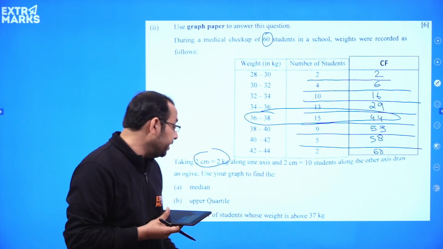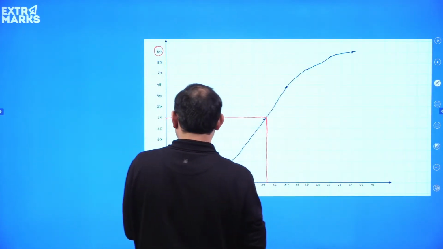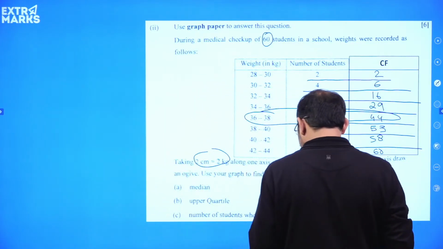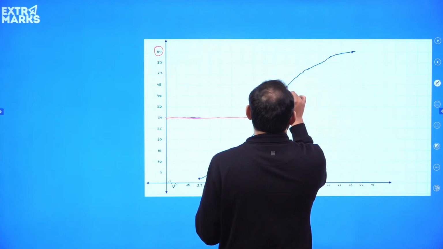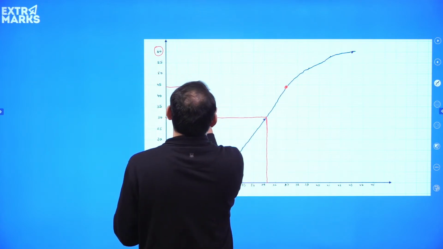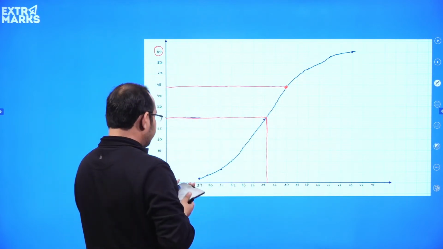Then the number of students whose weight is above 37. So I will find 37. Above 37 kg, right? Yes, above 37 kg. So 37, I will go here, somewhere approximately like this. So all these students above this.